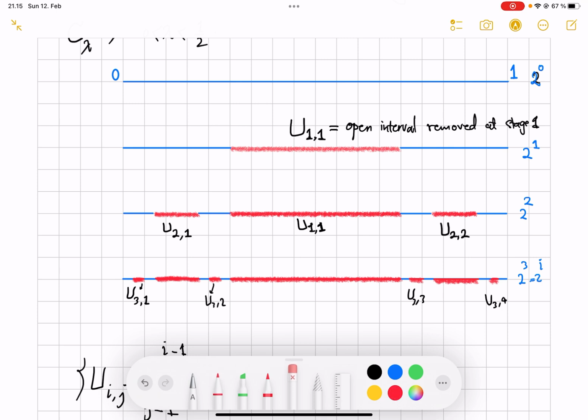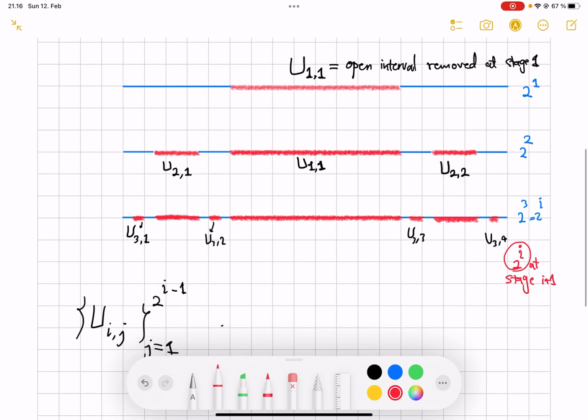So the number of removed intervals at stage i+1 will be equal to the number of solid ones, the remaining ones in the previous stage. So at stage i+1, we will have 2^i many removed intervals. If I had i+1 here, this would be just i. So I have shifted the index back to just i, therefore it's equal to that.